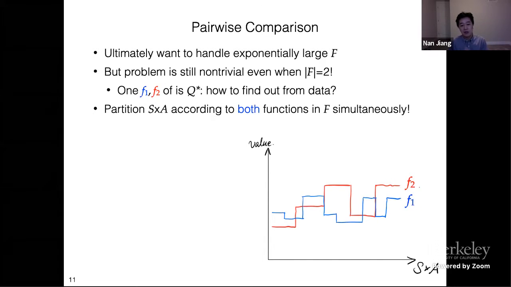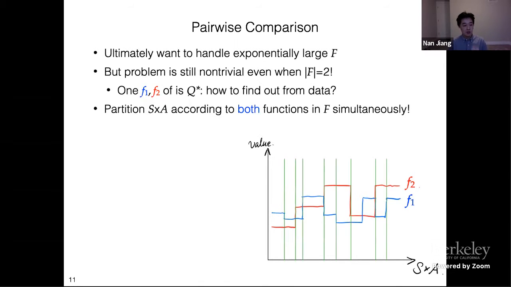Now with the previous material, I hope it's almost obvious to you how to solve the problem, because all you need to do is to partition the state action space according to both F1 and F2 simultaneously. I'm showing you a little bit of visualization here. Again, you just aggregate the state action pairs whenever both functions stay approximately constant within the group of state action pairs that you aggregate together.